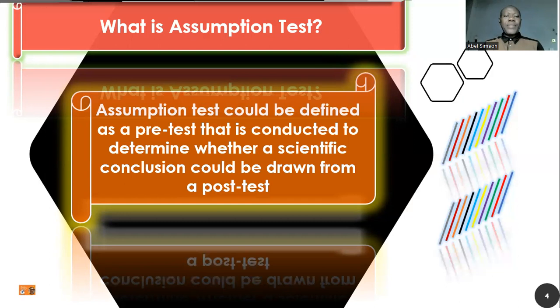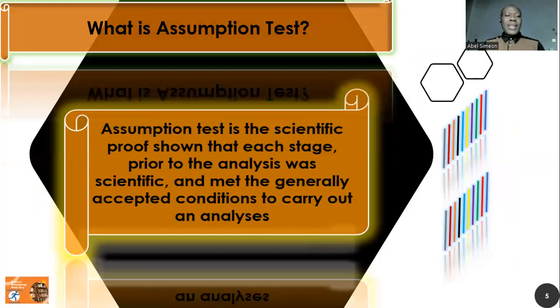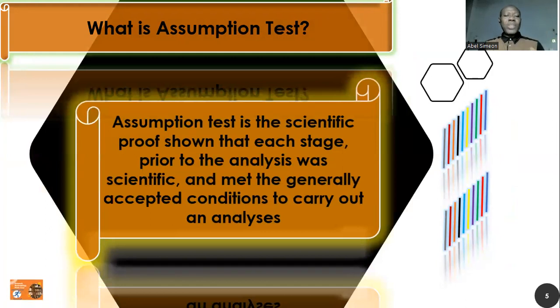Number two, the definition of an assumption test is the scientific proof shown that each stage prior to the analysis was scientific and met the generally accepted conditions to carry out the analysis. You started your work.